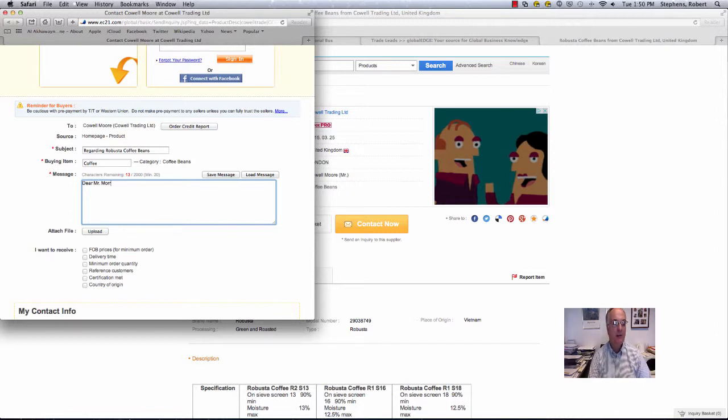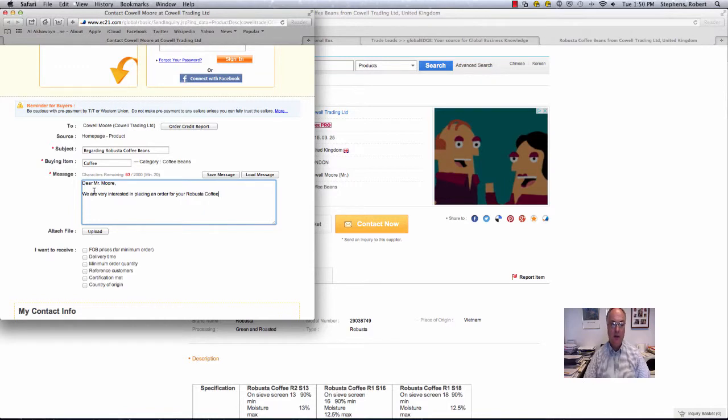I'm wondering if they've transposed the name there, if it's Mr. Cowell or Mr. Moore, because it's Cowell Trading Ltd. But I'll say dear Mr. Moore, we are very interested in placing an order for your Robusta coffee.